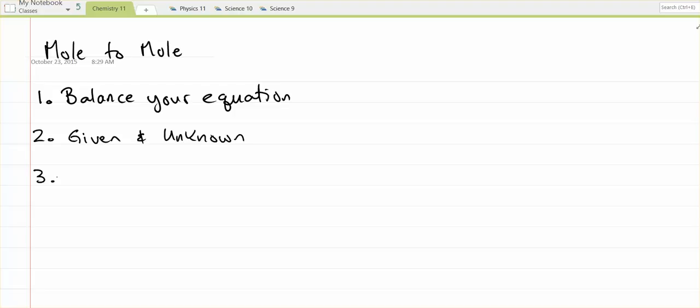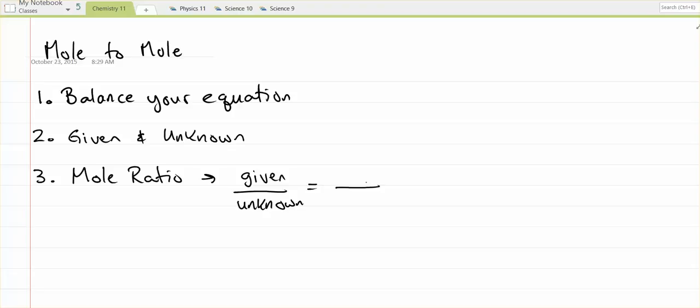Third, since this is a mole-to-mole problem, we can put what we're given directly into the mole ratio. Remember, mole ratio is given over unknown, and you set that equal, since it's a ratio, to the coefficient, which is the number in front from the balance, of your given over the coefficient of your unknown.